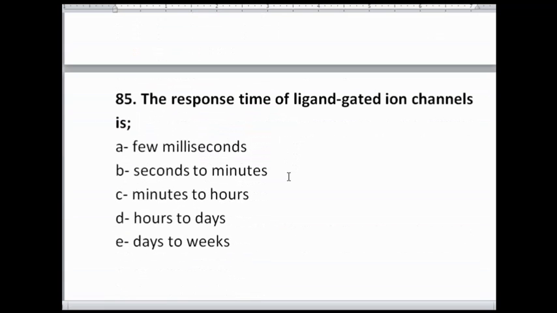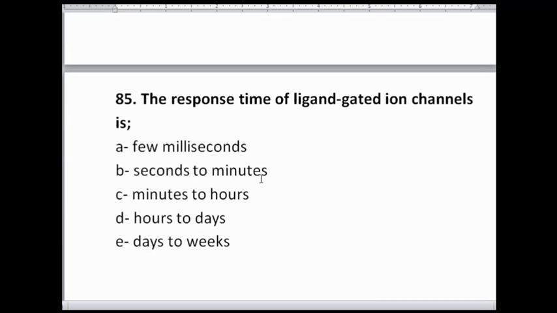Now the fifth MCQ of this video. The response time of ligand-gated ion channels is. Actually this is a type of ion channel that is present in the surface of a cell. So their response time we have to identify among the following options: few milliseconds, seconds to minutes, minutes to hours, hours to days, and days to weeks.